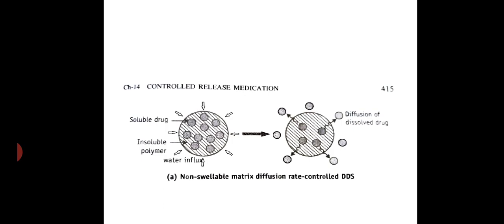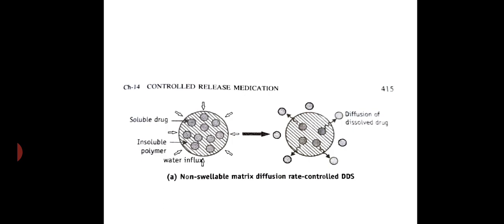The first one is a non-swellable diffusion rate control system, and the other is a swellable release control system. In the case of a non-swellable one, you can see in the picture, if you assume this as a tablet, inside the tablet there is a drug molecule incorporated within a matrix material.